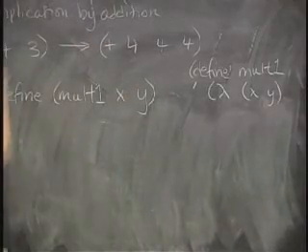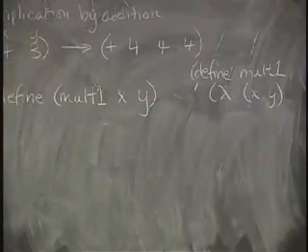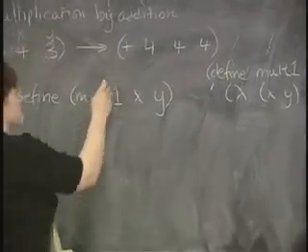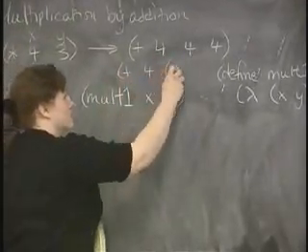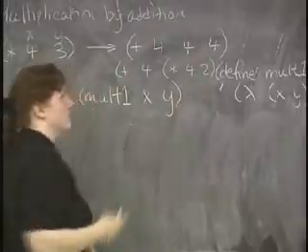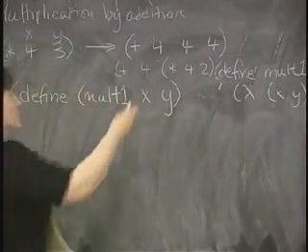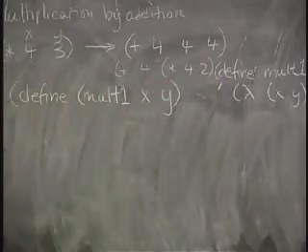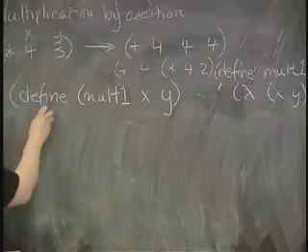Let's define mult1 of x y. If we look at this 4 times 3, this will be our x, that'll be our y. This is really the same as saying, let's add 4 to the multiplication of 4 times 2. And then 4 times 2 is plus 4 times 1, with our base case being what?